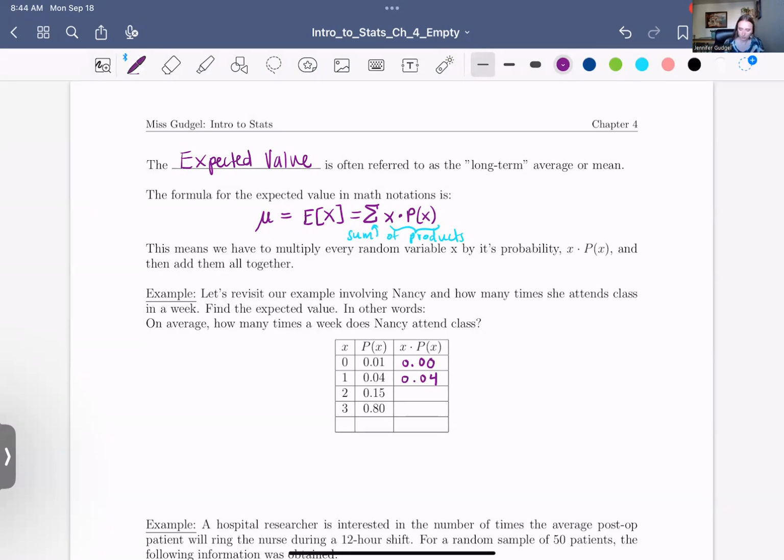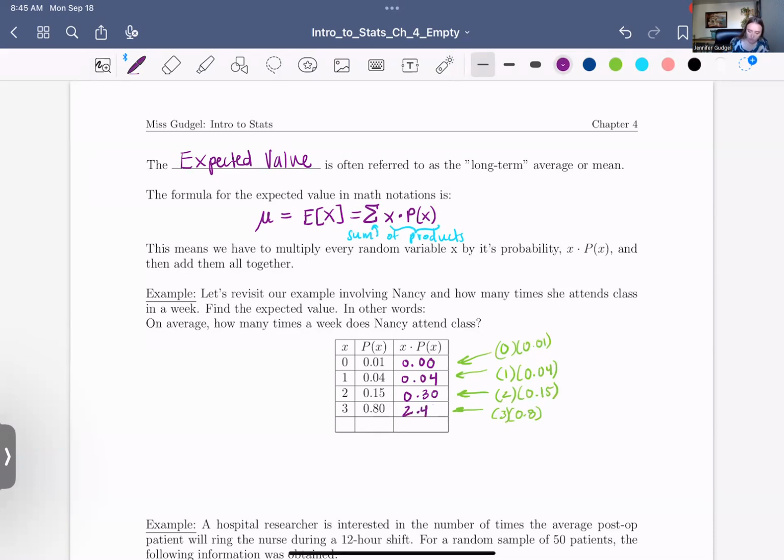Let me write on the side where these are coming from. 0 times 0.01, 1 times 0.04, 2 times 0.15, that's going to equal 0.30, and 3 times 0.8 is going to equal 2.40.